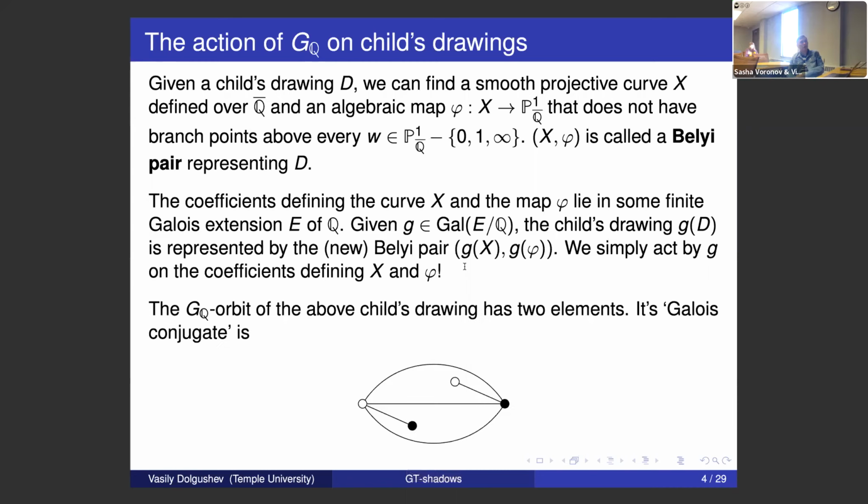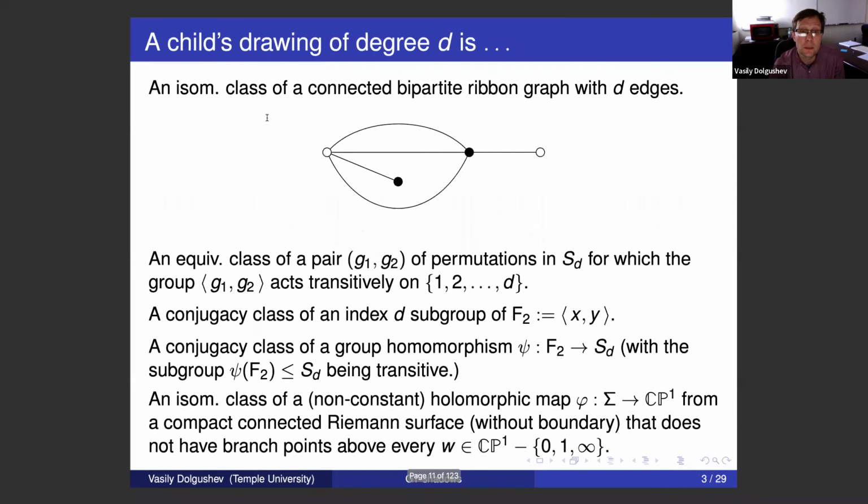Vasily, excuse me, I have a question. Are you going to tell us how you get, say, a child's drawing from a Belyi pair? That's also possible. Yes. When you have a Belyi pair, X is a smooth projective curve over Q bar, so in particular it's a Riemann surface.